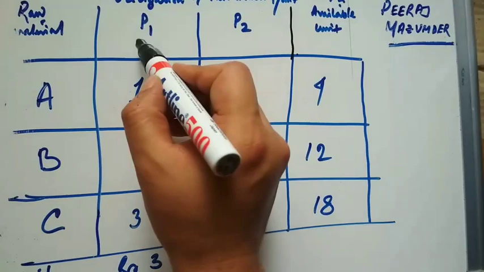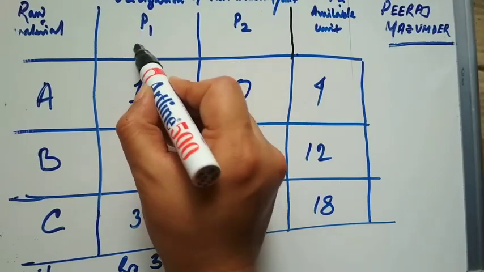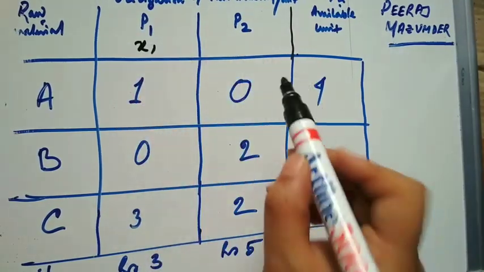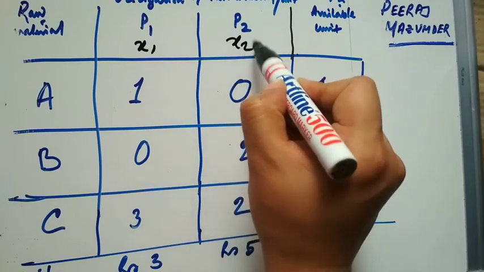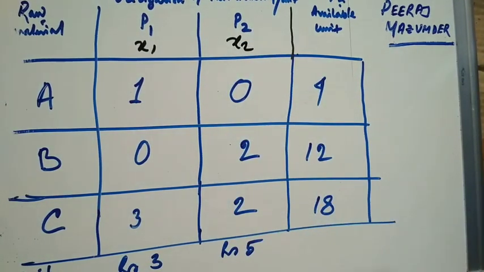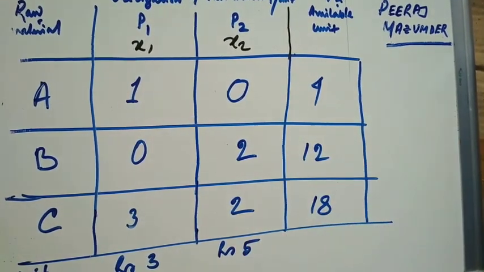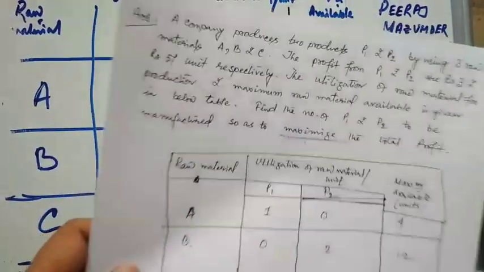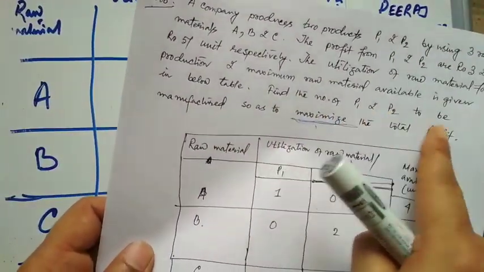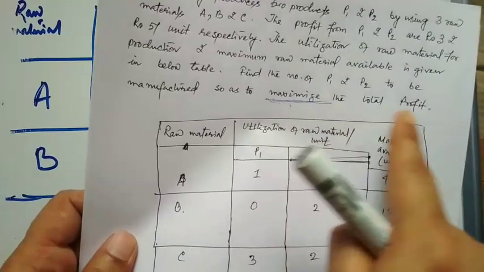So let us say we will manufacture X1 units of P1 and X2 units of product P2. Now this says we have to maximize the total profit. It says find the number of P1 and P2 to be manufactured so as to maximize the profit.